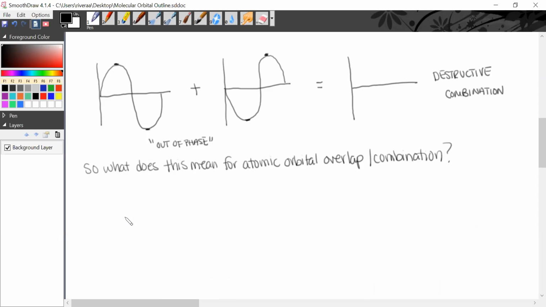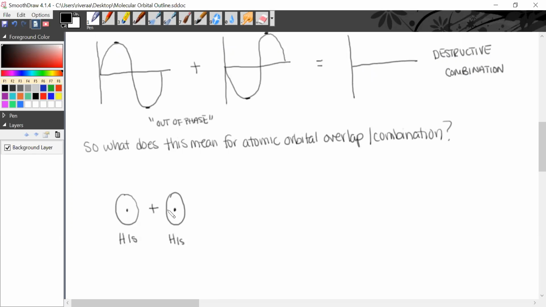Let's say we have a hydrogen 1s orbital. And we combine that with another hydrogen 1s orbital. Mathematically, I have two probabilities.